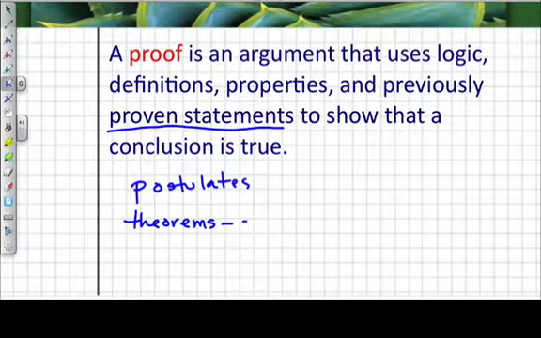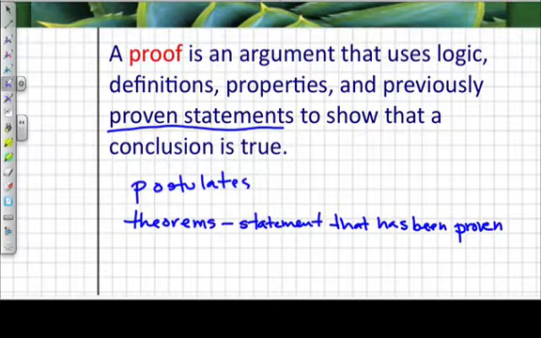So a theorem is a statement that has been proven, whereas, remember, a postulate is something that we believe is true, but we can't necessarily prove it.